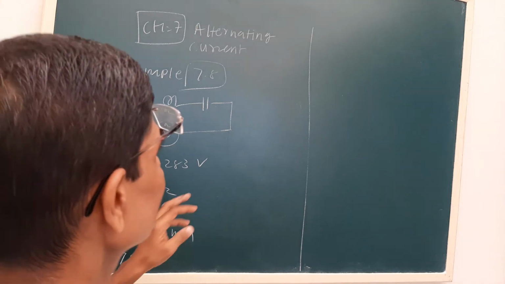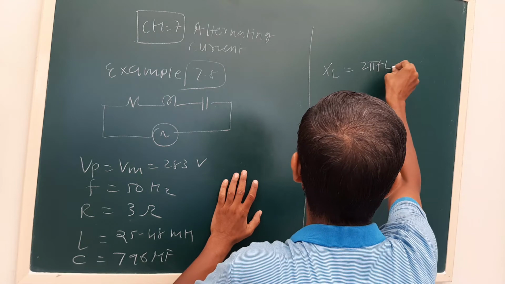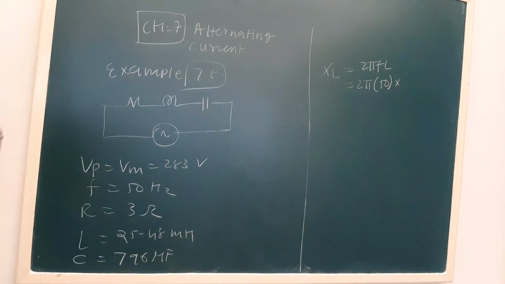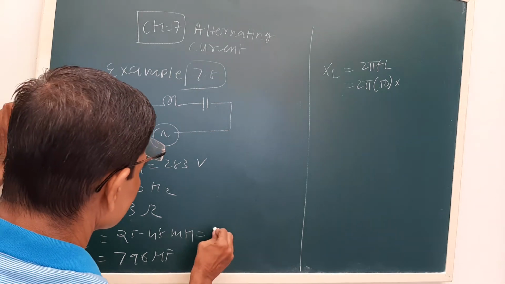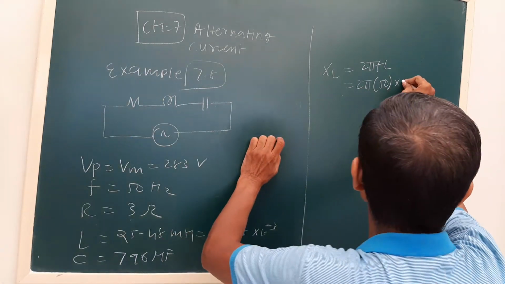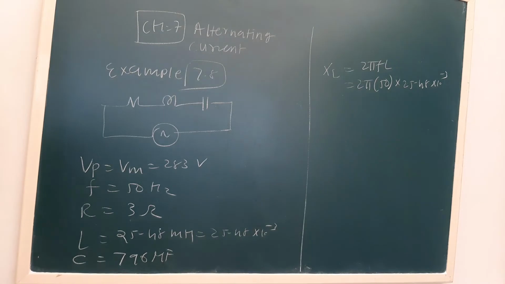R is given. What we obtain, XL is 2 pi f L. Now L is 25.48 millihenry. So that value we obtain as 4.